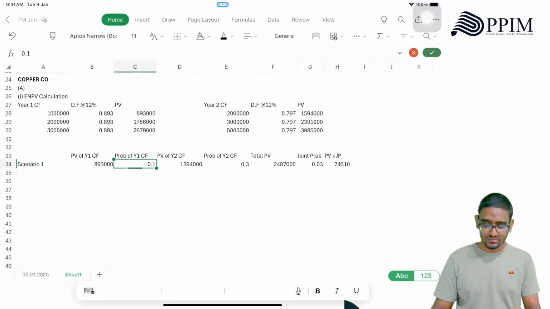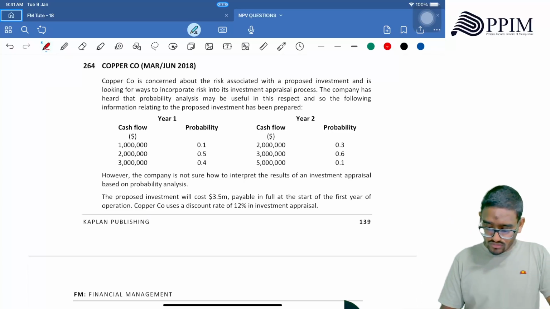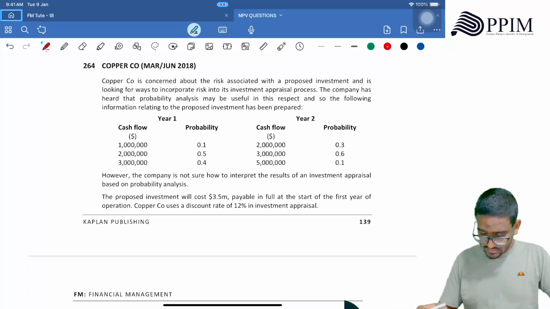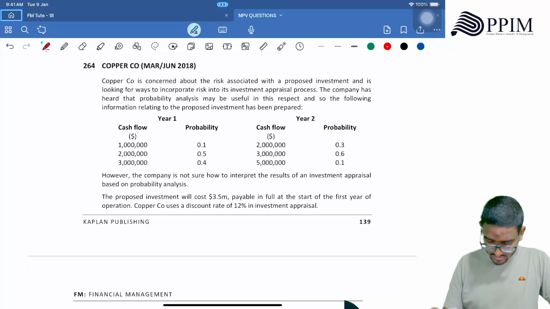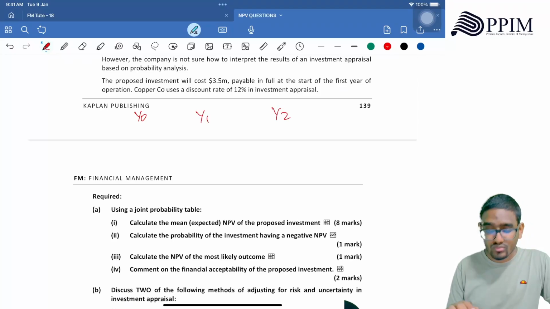Let me show the joint probabilities first. If you draw a tree diagram, you have year naught, which is where you are currently. Then you have year 1 and year 2.